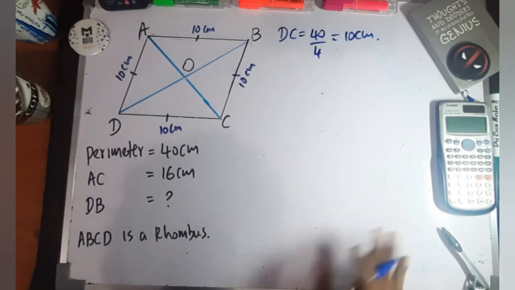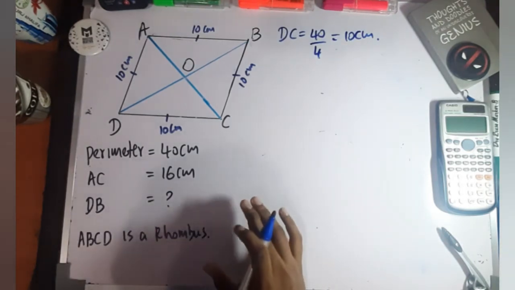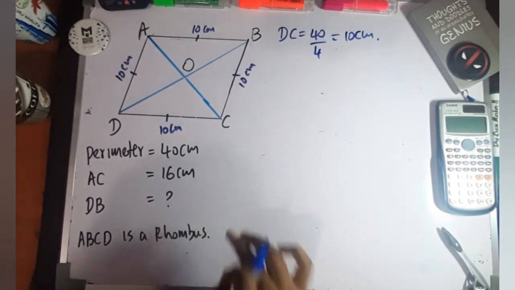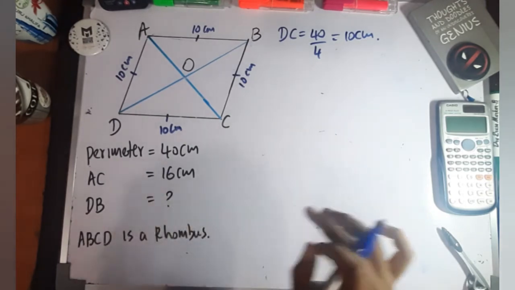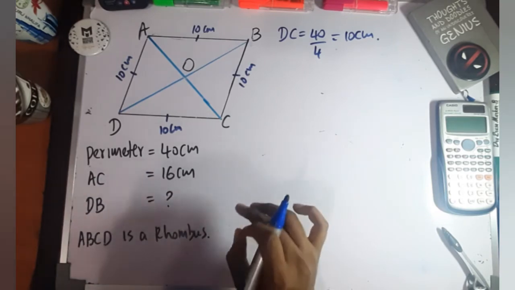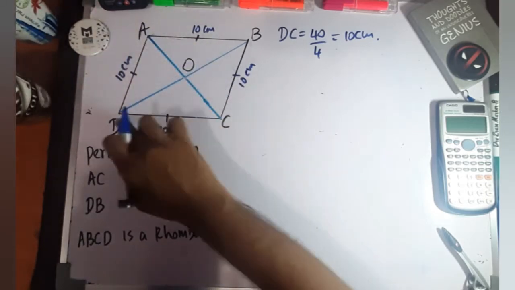So once you establish that fact, the next is how to figure out the length of the diagonal. Now this is where a very important property of rhombus will be used. Please don't forget this. This happens only in rhombus and squares. The diagonals bisect each other at 90 degrees. Now in a normal parallelogram, diagonals bisect each other.